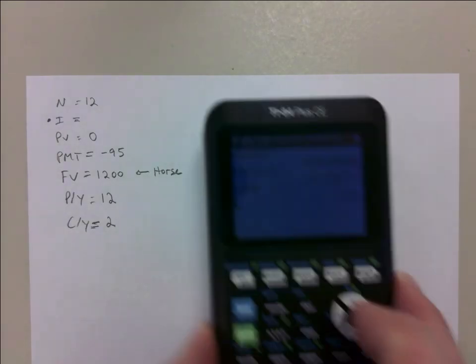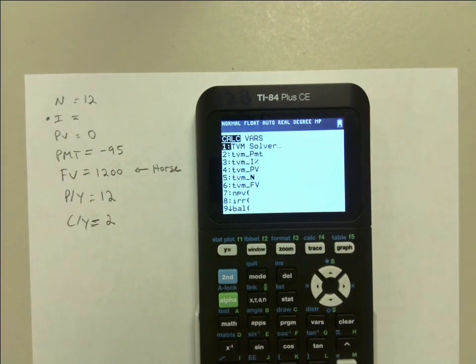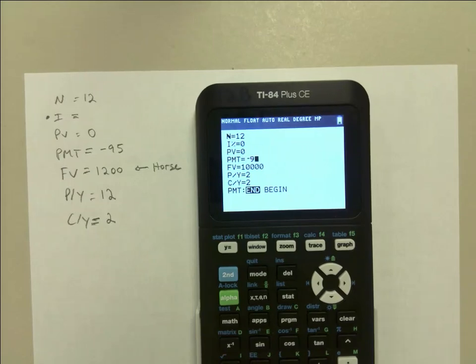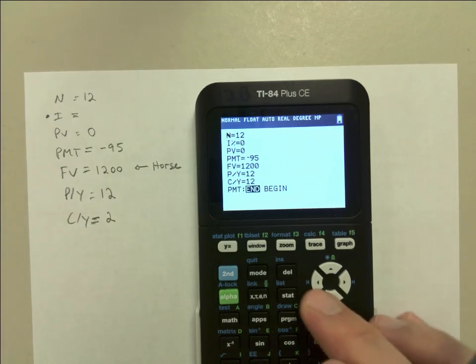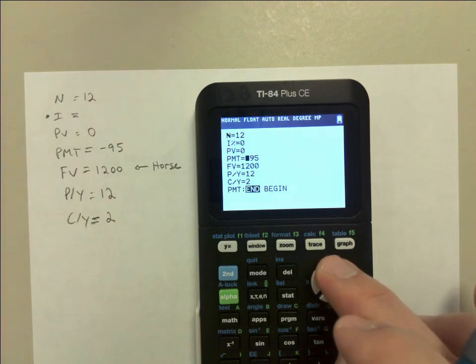So basically you go over here, you go apps, TVM, that's that, 0, -95, oh sorry, 1200, 12, and watch how it changes CY. So you have to make sure CY is not the same.